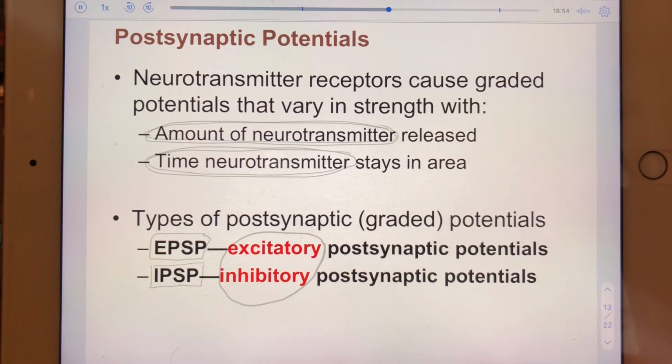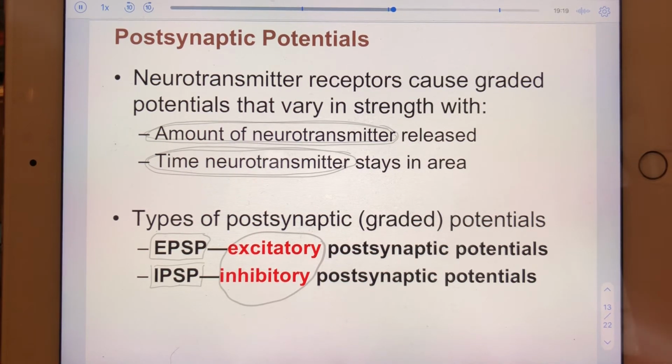How can a neurotransmitter create graded potentials that can vary in strength? Action potentials don't vary. As long as threshold is met, maximum is reached. Okay? But graded potentials do vary in strength to reflect the strength of stimulus.